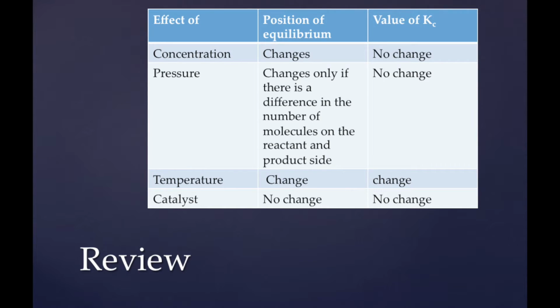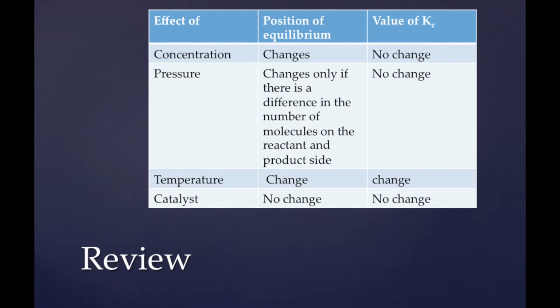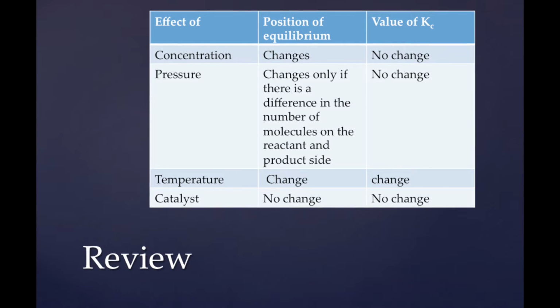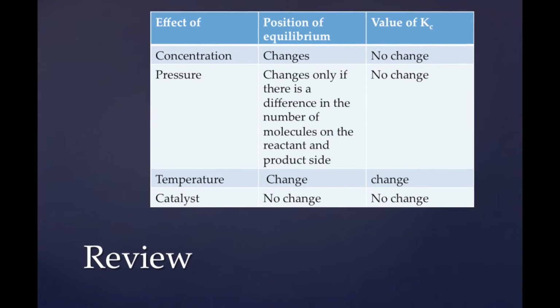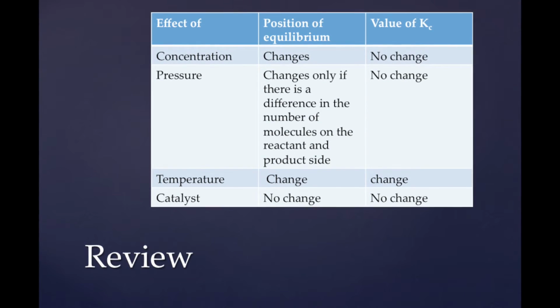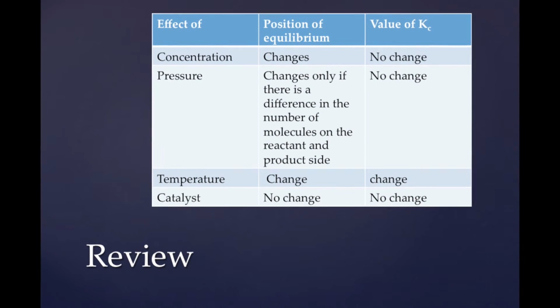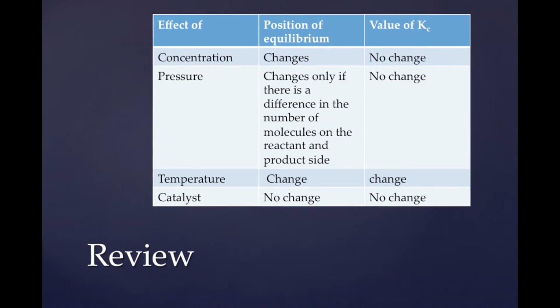So now we're just going to review our factors that affect, and whether or not they affected the equilibrium constant and our position of equilibrium. Okay, so concentration, it did affect the position of equilibrium, but it had no change on the value of our equilibrium constant.